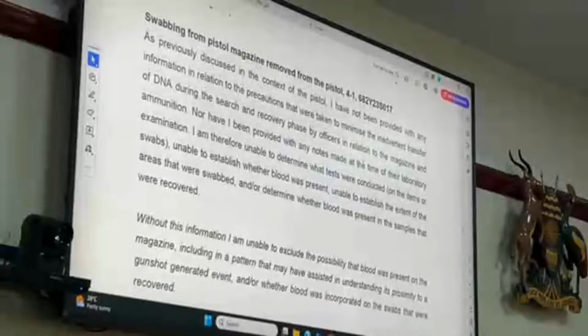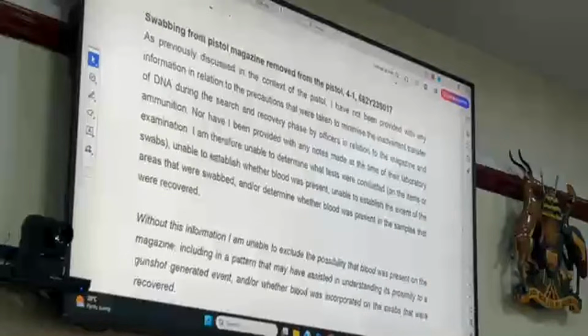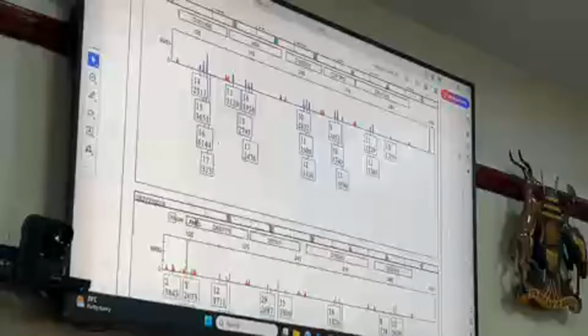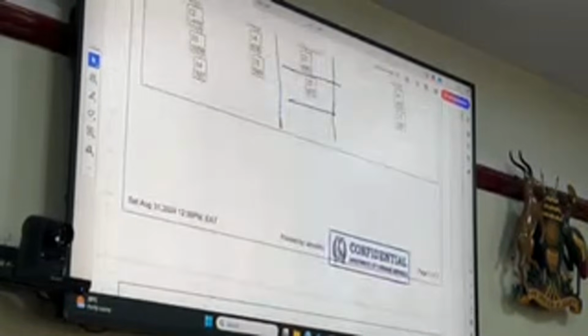Okay. If we could just quickly go to the electropherogram. Tell us what page of D5 it is. The magazine is sample 17 and the EPG is page 38.